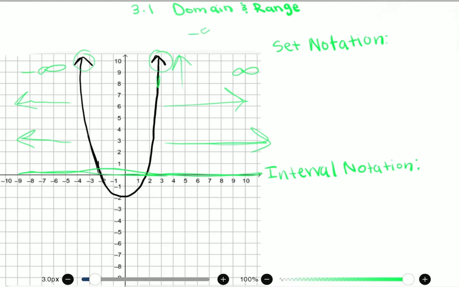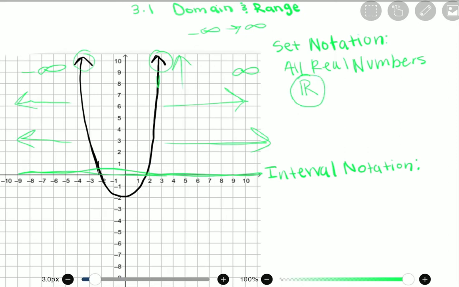So -infinity to infinity is really just all the numbers, all real numbers at least. So that means our domain is just going to be all real numbers. Now, we don't want to write this with the brackets and things because there is a symbol for all real numbers, and that's going to be this R symbol with the 2 dots.